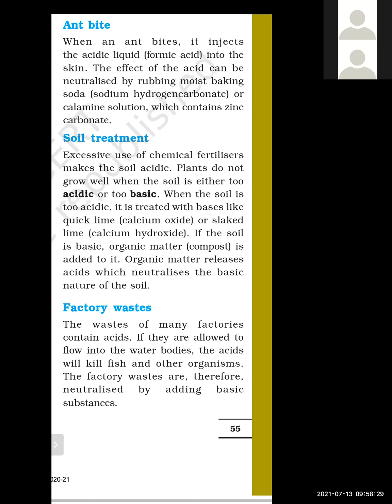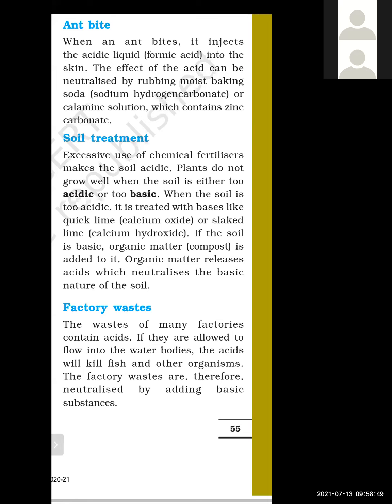Because after neutralization, the substance will be neutral in nature. It will not be acidic, it will not be basic. And when that waste is released into the soil or into the water bodies, it will produce less harmful effect.